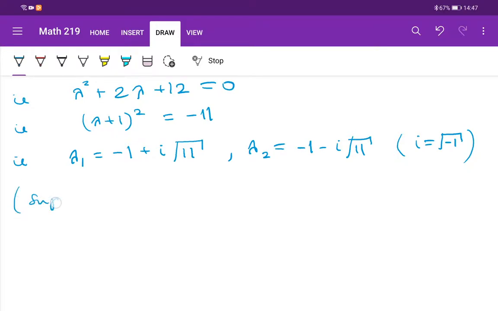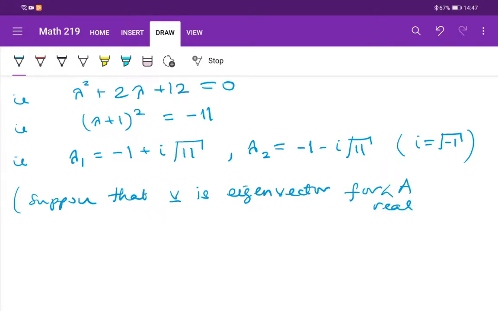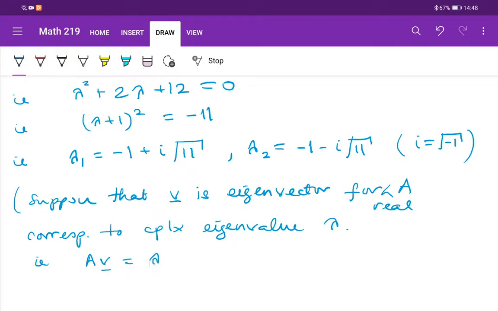Suppose that v is an eigenvector for a matrix A, which is a real matrix, corresponding to a complex eigenvalue lambda. So we have A v is equal to lambda v.